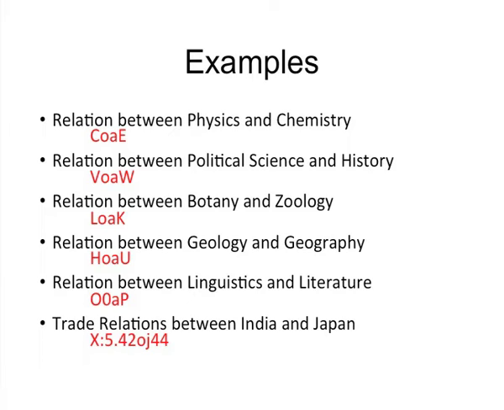You are talking of trade happening between the two countries, therefore, this belongs to the fundamental category energy, therefore, the number will be x colon 5, and you are talking of relation between India and Japan, therefore, x colon 5 dot 42, it will be 0 j 44, because 42 is Japan and 44 is India, and again according to the rule the one with lower ordinal value will come first and the one with higher ordinal value will come second.